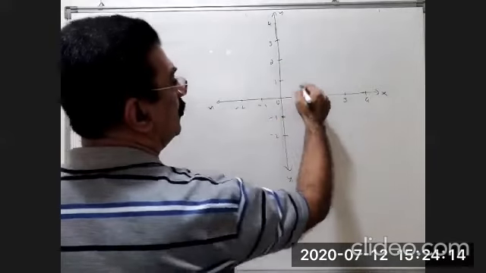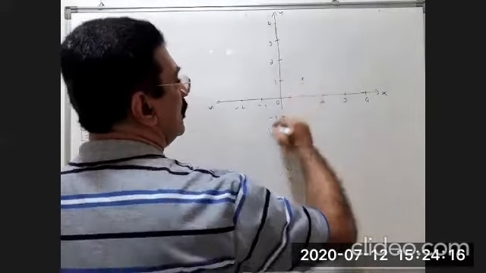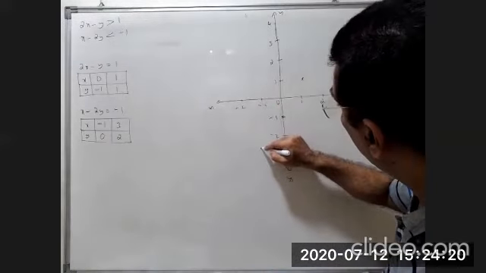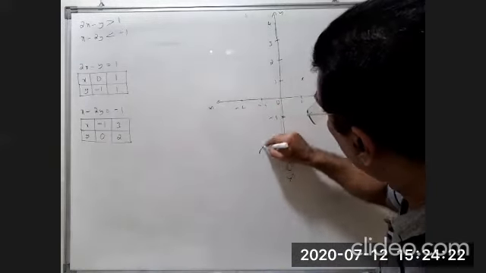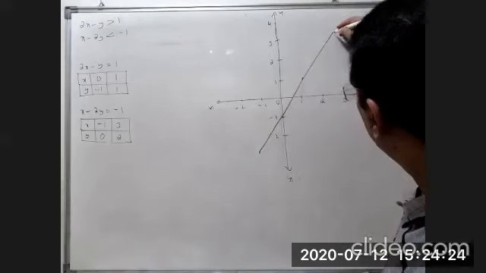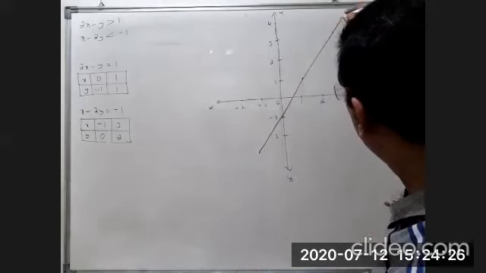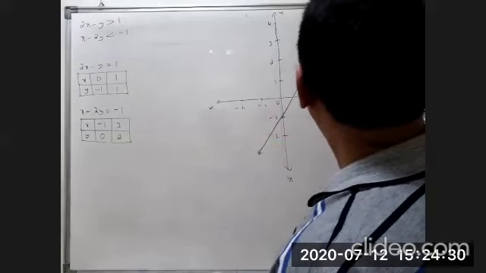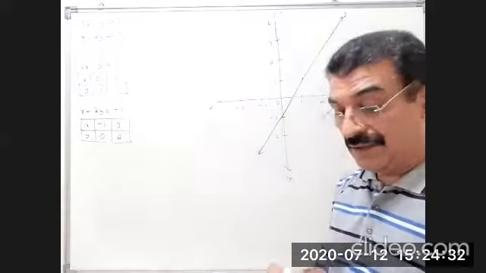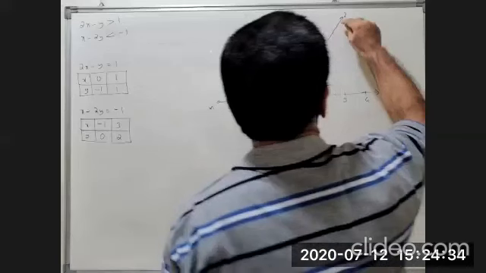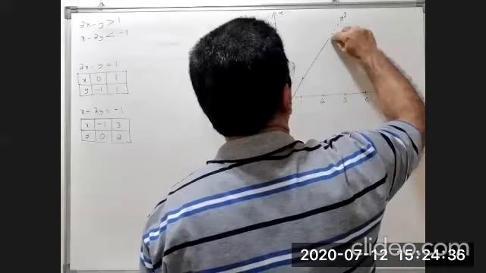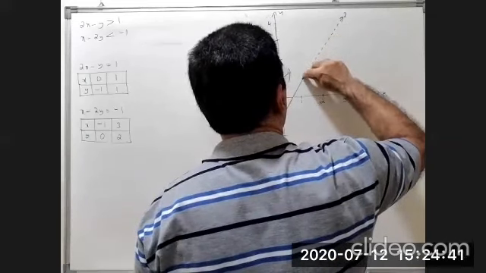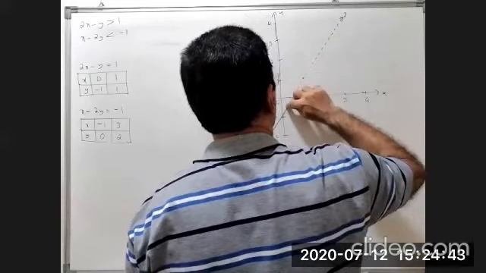Draw a line passing through these two. No, we cannot draw the line. Why? Remember it? Dotted lines. It is not a straight line. Why is it not a straight line? Remember that.